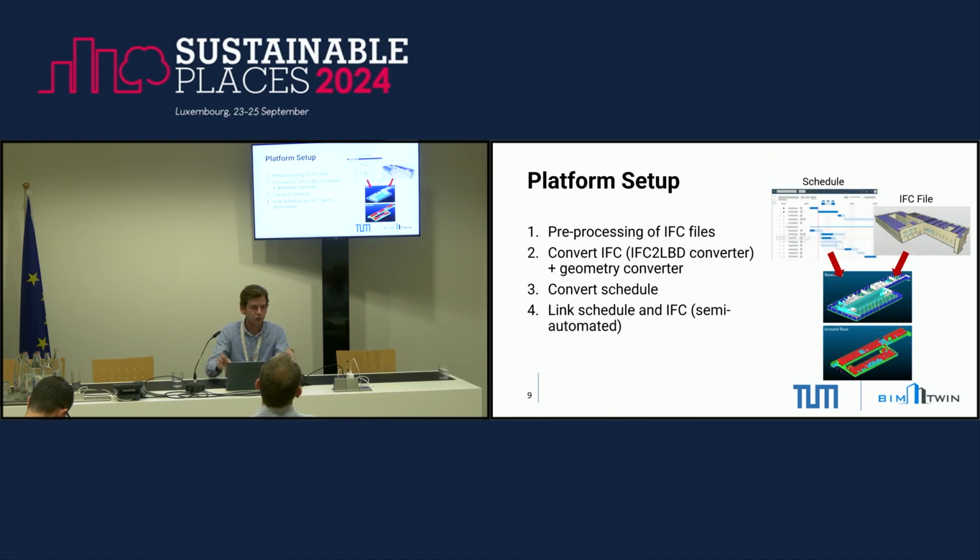Yes, so to show you the whole workflow of how this digital twin of the construction site is supposed to be working. First of all, we take the IFC files from the construction company. We have to do some pre-processing to make sure that the quality is good, that the information that we need is contained. And we also remove unnecessary stuff.